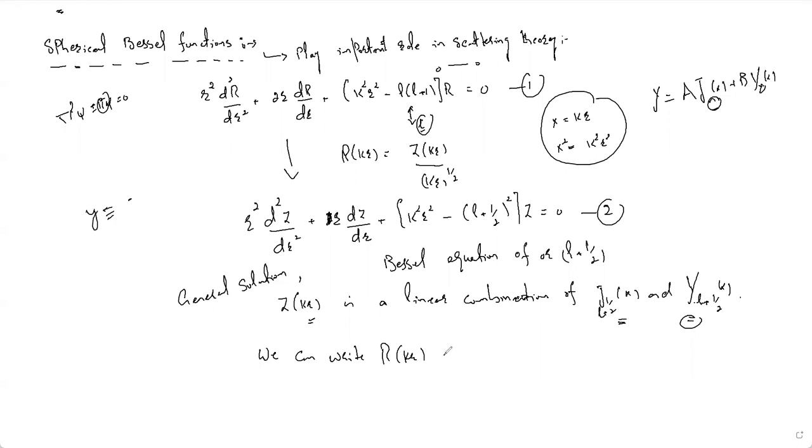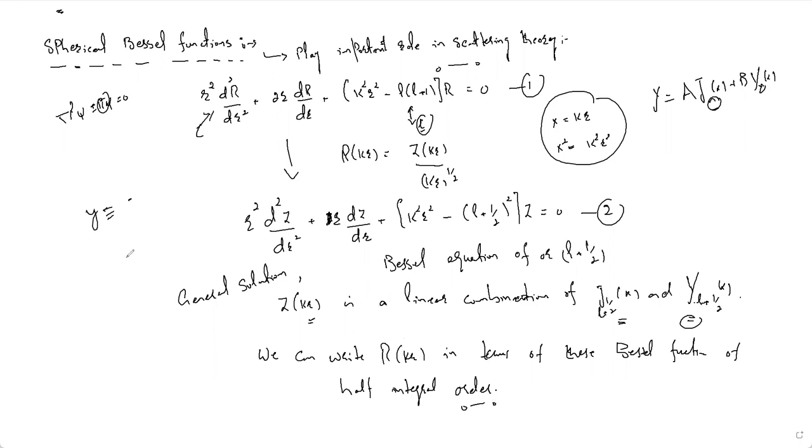R(kr) in terms of these Bessel functions of half integral order. Because this is a differential equation, we can write this R, which is defined here, in terms of Bessel functions of half integral order.